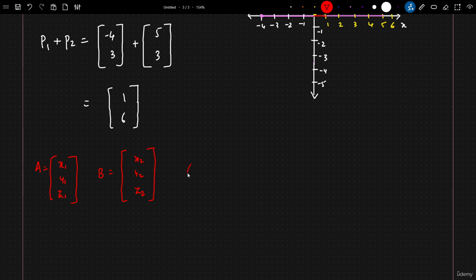If I perform the operation a plus b, it is going to give you x1 plus x2, y1 plus y2, and the third thing that you're going to get is z1 plus z2. If I denote this as x3, y3, z3, this will be my new vector in short. So the addition part is very simple.